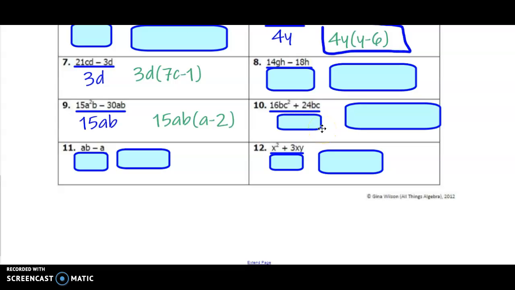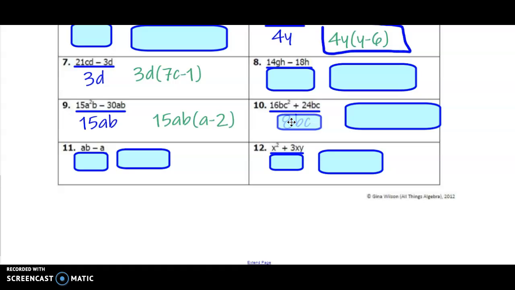Looking at number 10, it's very similar to number 9. I have 16bc squared plus 24bc. So looking at 16 and 24, the greatest number that divides evenly into 16 and 24 is 8. They both have a b, and they both have c's. The lower exponent on c is c squared.